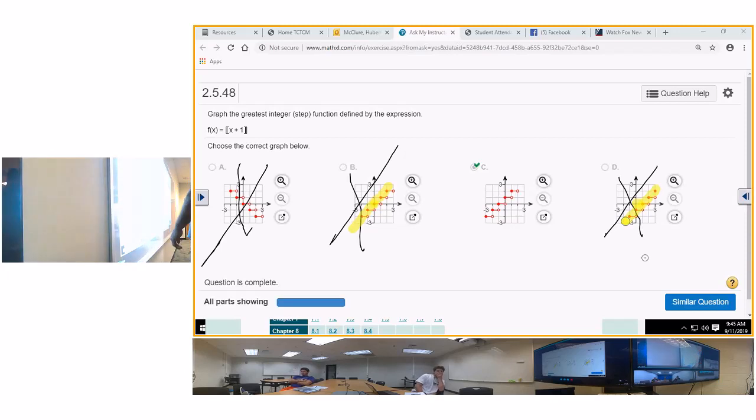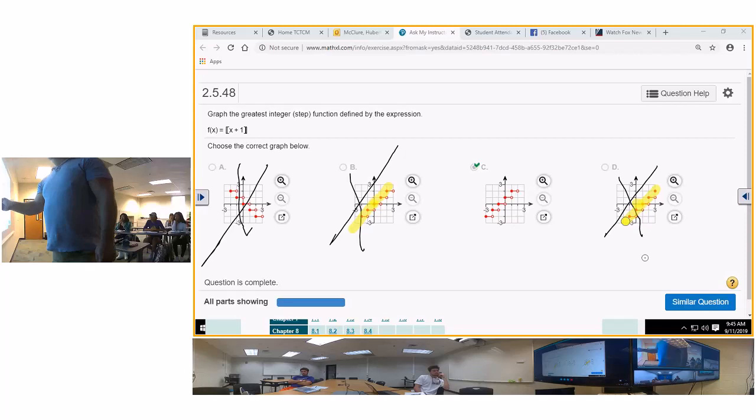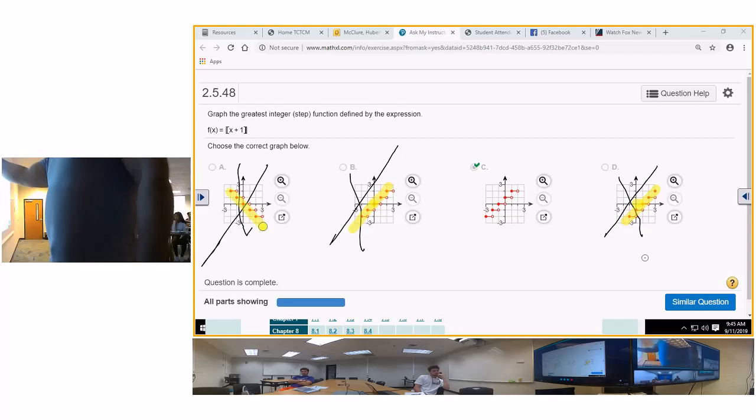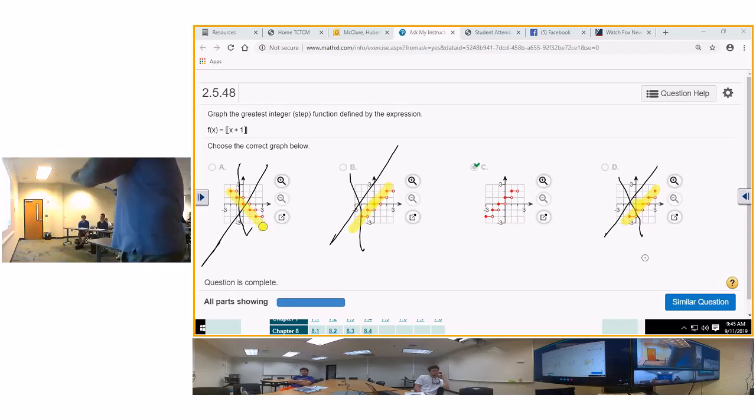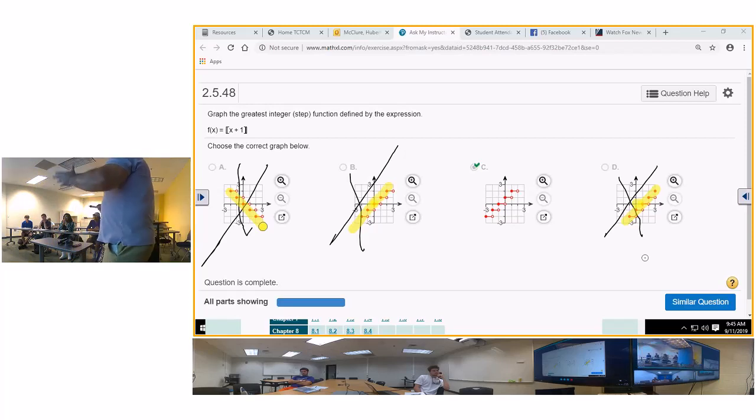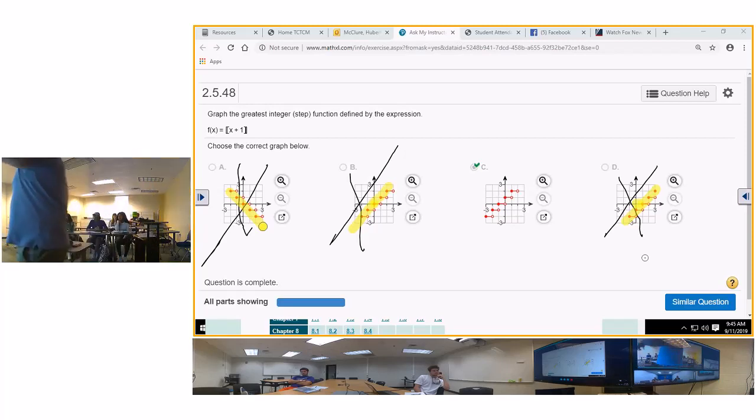So that has a horizontal shift of 1 to the right. This doesn't have a shift. What does this one have? This one's going in the wrong direction. That would be a negative in front of the x or a negative in front of the bracket. So what's the only one that has a horizontal shift to the left? Right here, because where's the line?